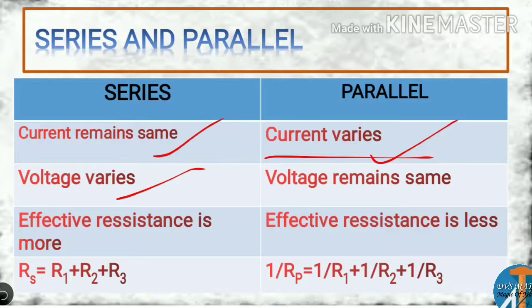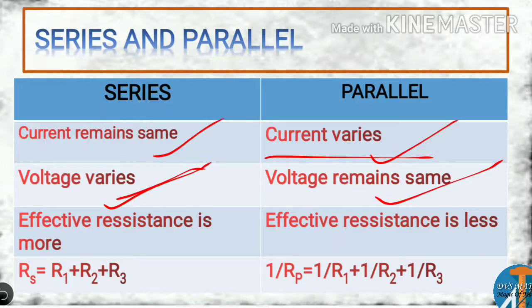In series voltage varies, in parallel voltage remains the same, and effective resistance is more in series. How is it more?